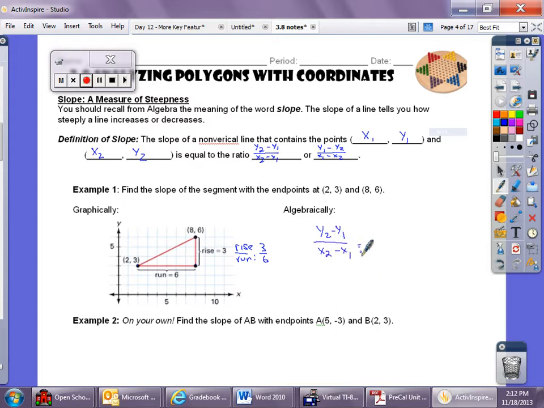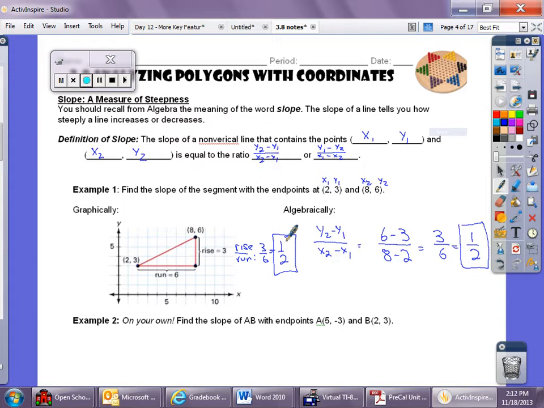So we have 6 minus 3 over 8 minus 2. 6 minus 3 is 3, 8 minus 2 is 6, and 3 over 6 is the slope of 1/2. And the same thing over here, we have the slope of 1/2. So we have the same slopes, graphically and algebraically.